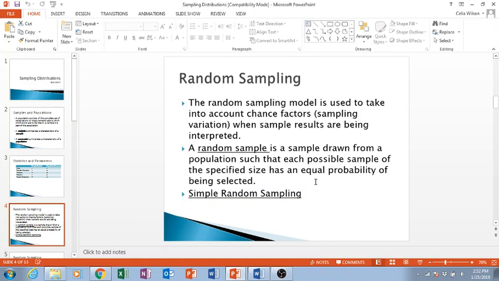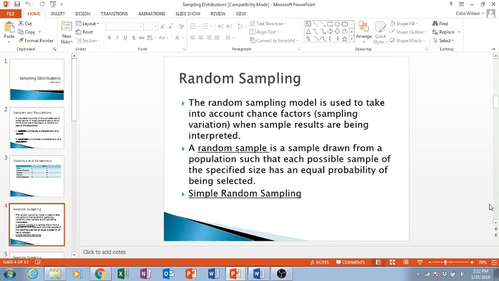So if I want to randomly sample 4th grade students in Texas, I might be able to get a list of all the 4th grade students in Texas, but it's going to be pretty tricky. So even if I feel like I'm randomly selecting my participants, a lot of times it's not truly a random sample because it's just so hard to do.